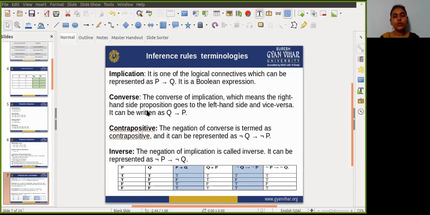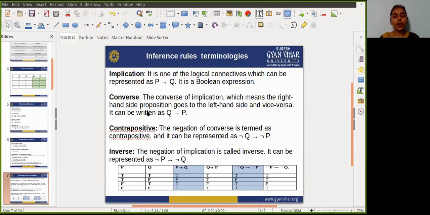And what is converse? The converse of an implication means that the right hand side proposition goes to the left hand side and vice versa. So it can be written as q implies p. Next one is contrapositive. The negation of the converse is termed contrapositive, and it can be represented as not q implies not p.